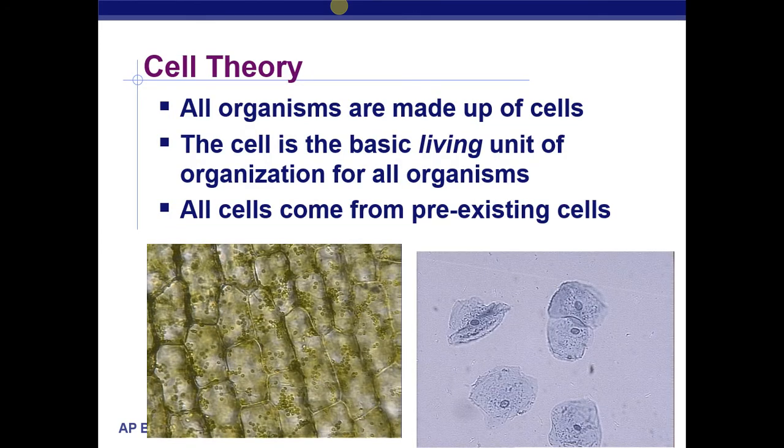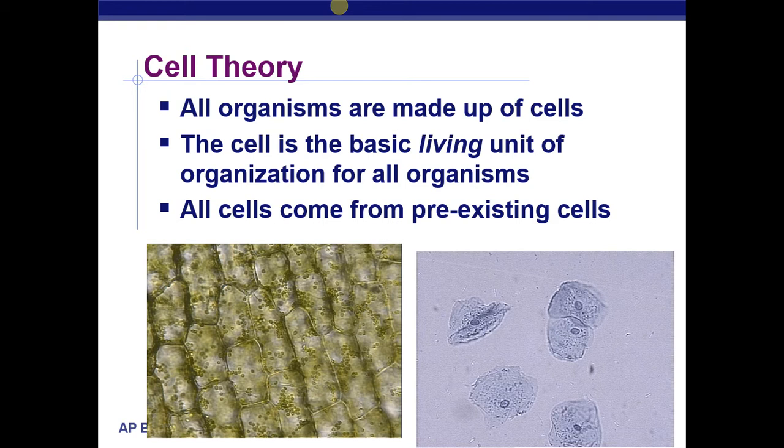Basic cell theory says that all organisms, or living things, are made up of cells. The cell is the basic unit of a living organism, the smallest building block that you can't divide any farther and still get something with the same properties as a cell.